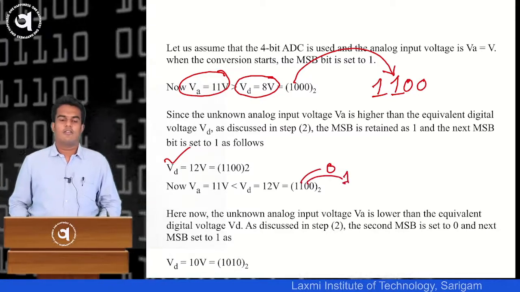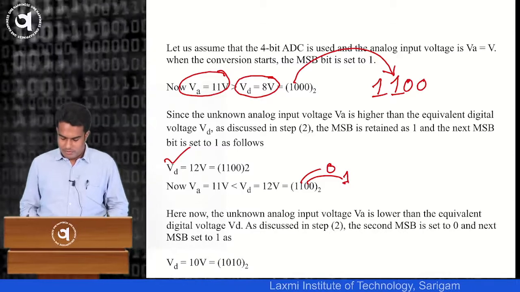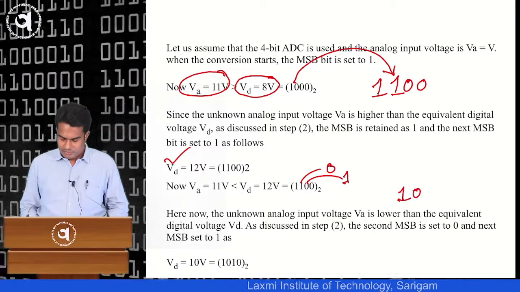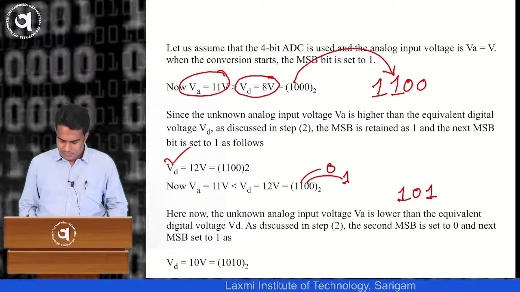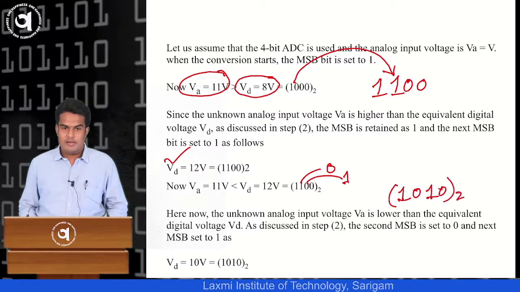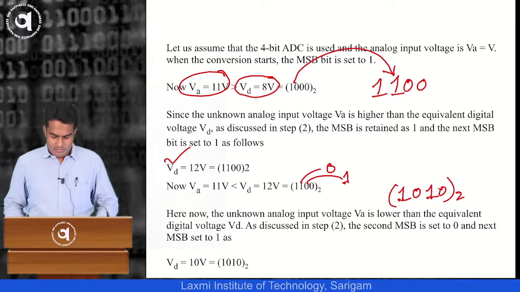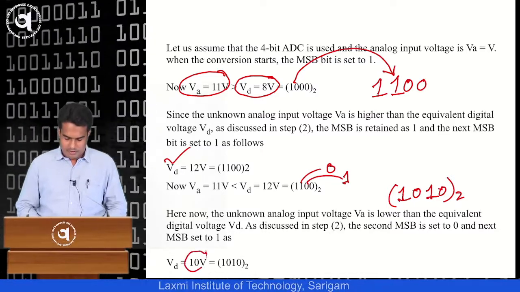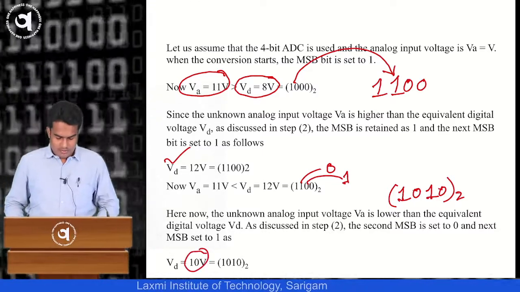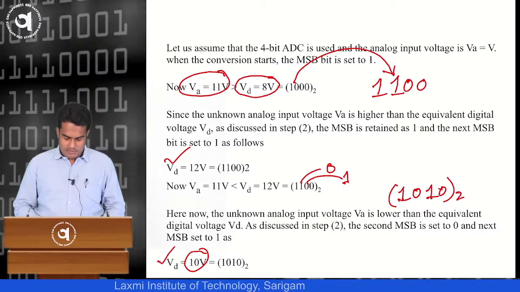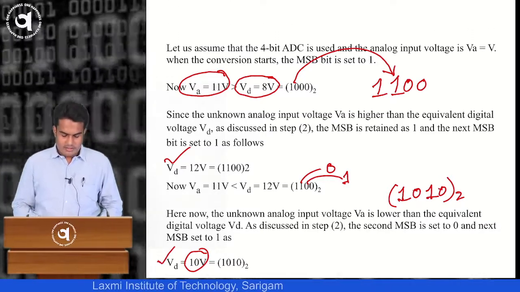So the successive approximation register will produce an output of 1010. If you find the equivalent decimal number, it is equal to 10 volt. Now you can see the digital value is lower than the analog value.